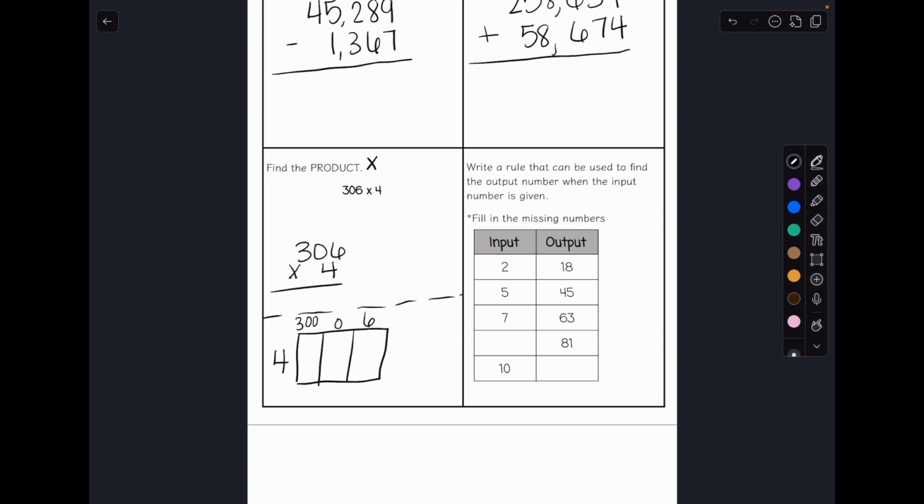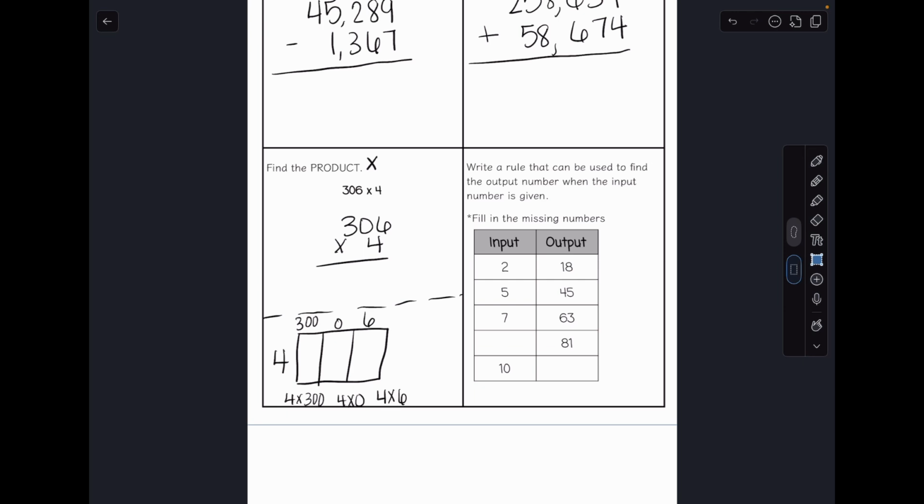And then you distribute 4 times 300, 4 times 0, and then 4 times 6. Either of these ways are fine with us. We just want them to feel confident when they are multiplying.